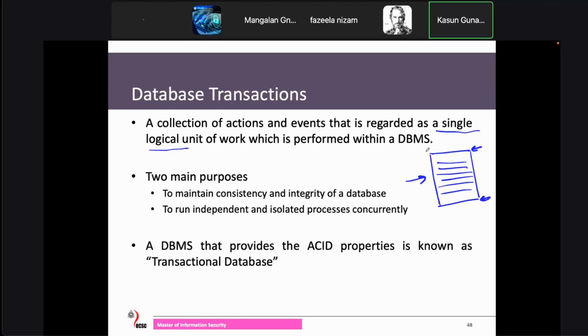Transactions in a database environment have two main purposes, right? The first one is to provide reliable units of work that allow correct recovery from failures and keep a database consistent even in case of a system failure.